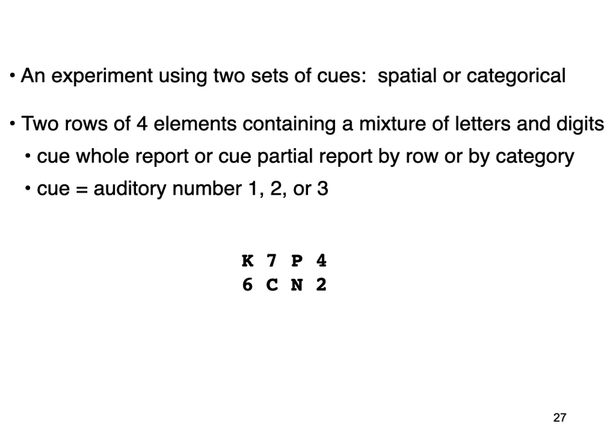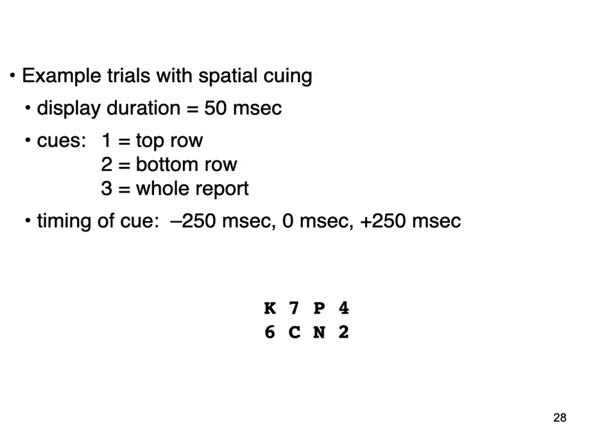If it's the number 1, report the top row. So you say K7P4. If it's the bottom row, it's the number 2. So you say 6CN2. And if I say 3, just after you've given the sound, the cue 3, I must report as many items as I can identify. That's whole report or full report.